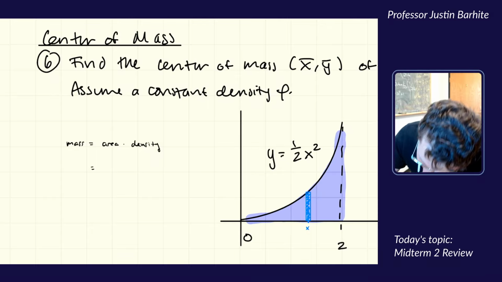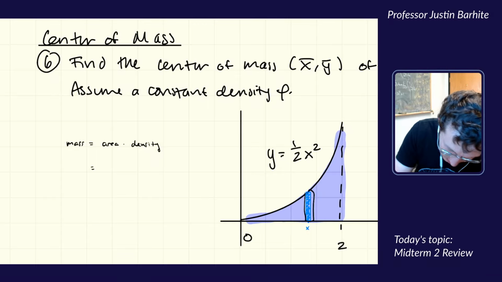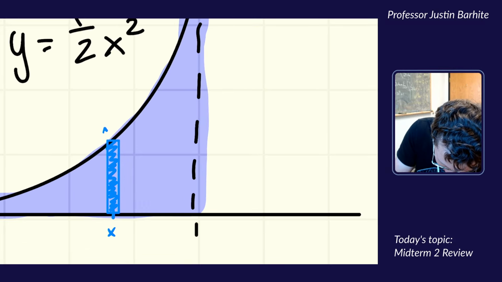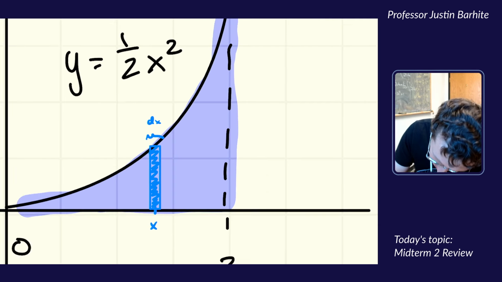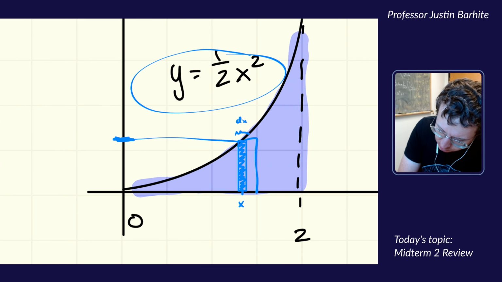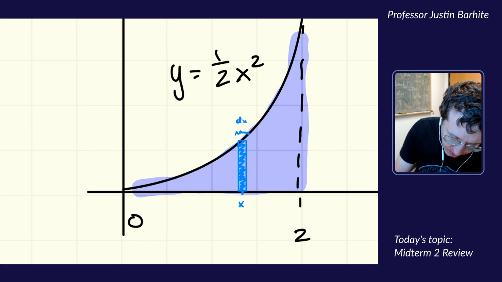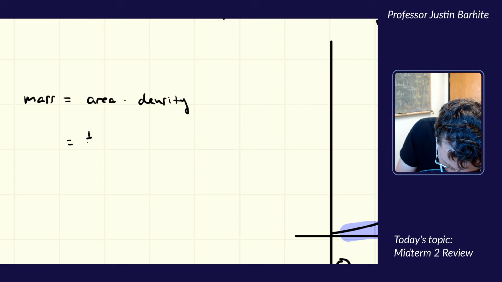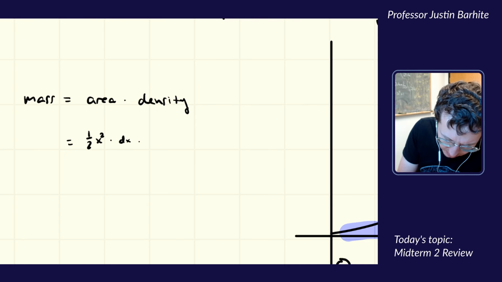So the area of the rectangle is width times height. The width is dx. The height is this y value, which comes from the equation, so it's 1/2 x squared. Right, area is width times height.